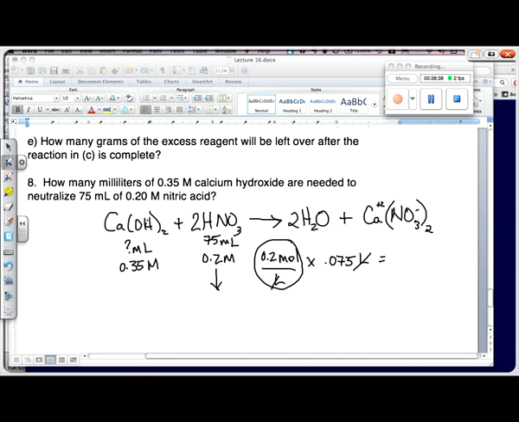1.5 times 10 to the -2 moles. Okay. Take those number of moles, I'll write them right here, and move to the question using your coefficients. So times 1/2, 7.5 times 10 to the -3 moles.